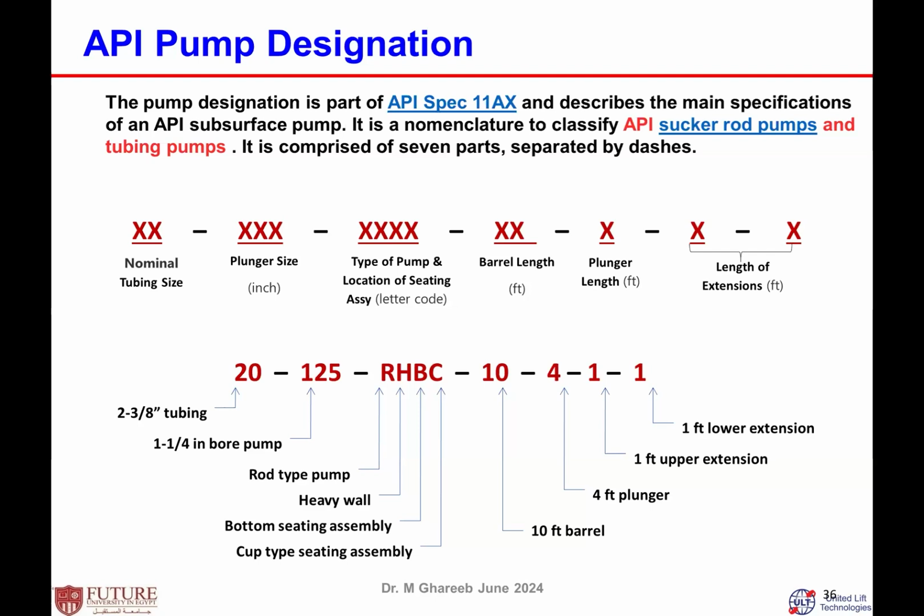The pump designation is the main part of what we call API Specification 11AX. If you search for API Specification 11AX, it gives you a complete description of each part of the pump, what size, what configuration, and so on.